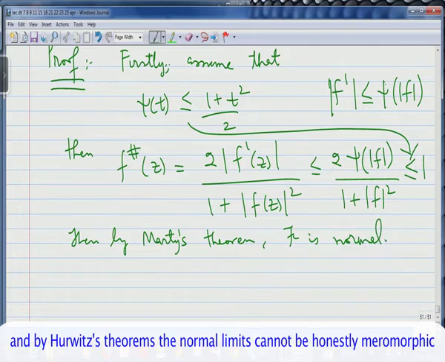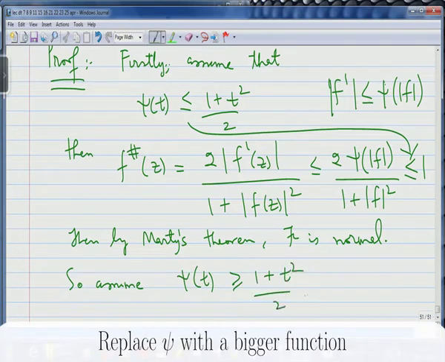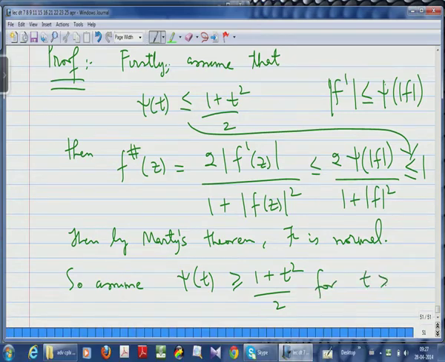Okay. So assume the other possibility that psi of t is greater than or equal to (1 + t squared)/2 for beyond a certain stage, t greater than or equal to t naught. Okay. I can replace the function psi of t by another function for which the same condition holds with t greater than or equal to 0. That means I am saying that, without loss of generality, I can assume t naught equal to 0.